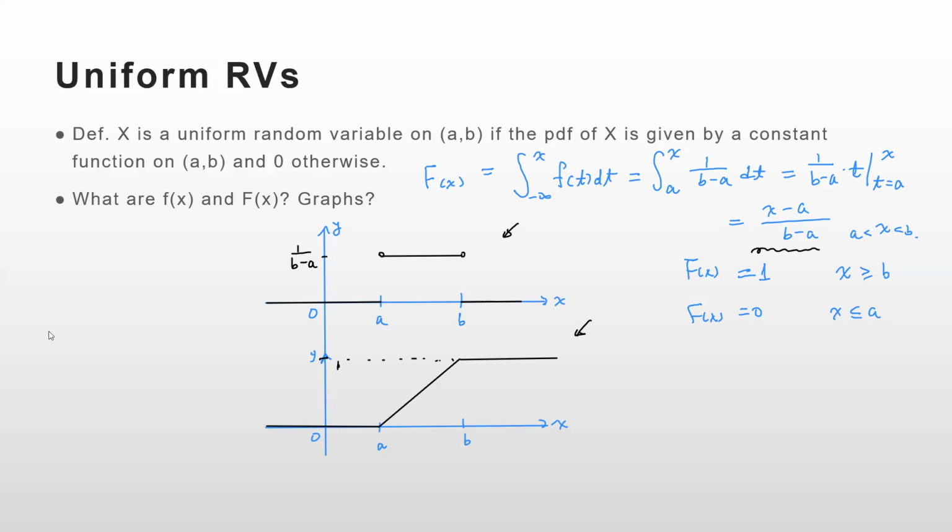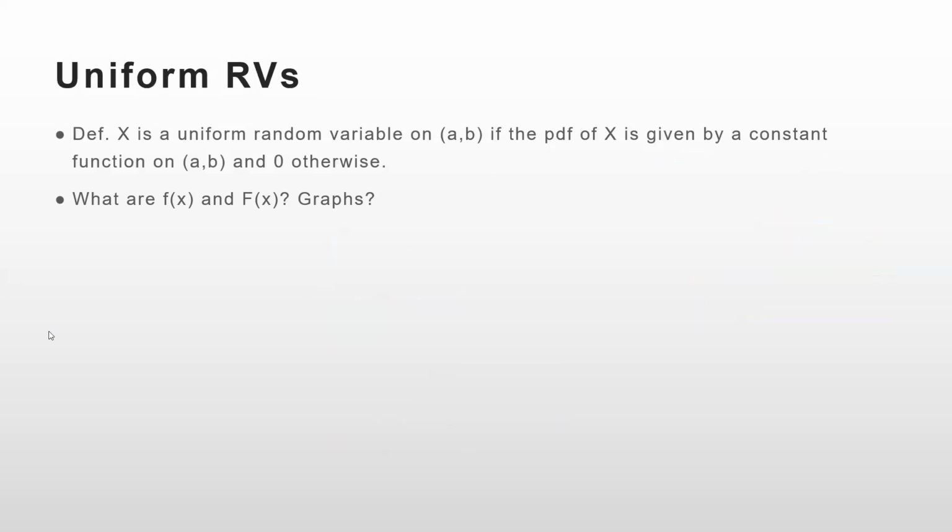Next, let's talk about the parameters: expectation and standard deviation. Say again, x is uniformly distributed on (A, B), and we know little f(x) equals 1 over (b minus a) when x is greater than a and less than b, and 0 otherwise.